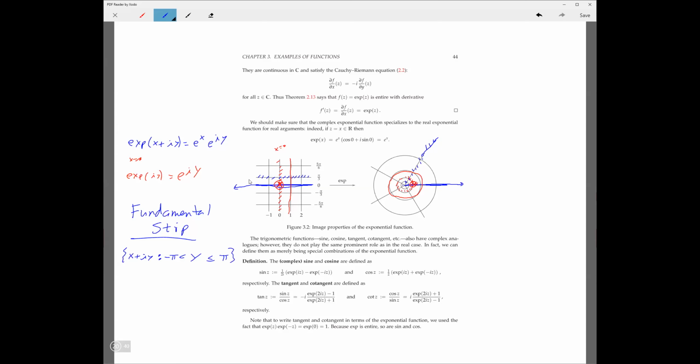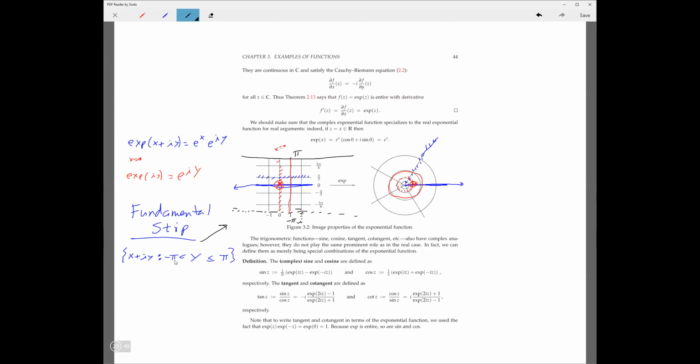Okay, and that's called the fundamental strip. If you were to cut it off, say right here, around there, and up here at pi. So let's say this is pi, and this is negative pi i.